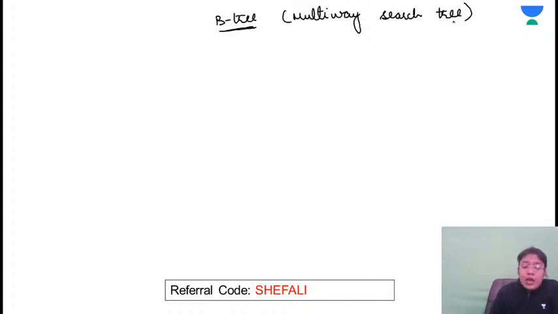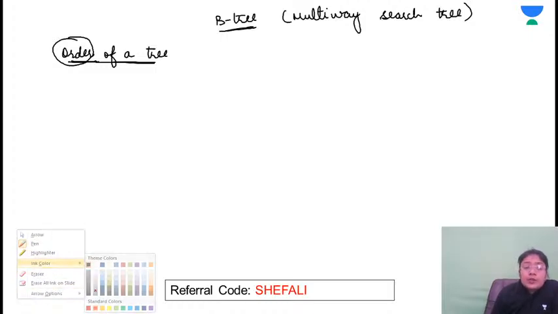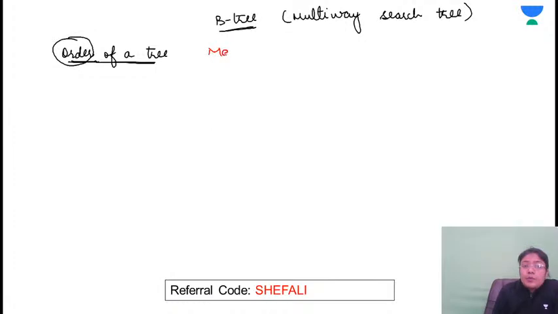Multi-way search tree. First of all, in the exam you will be given the order of the tree. What is this order? If the order of a tree is given, it gives you the idea of how many block pointers are possible in a tree, the maximum number of block pointers.